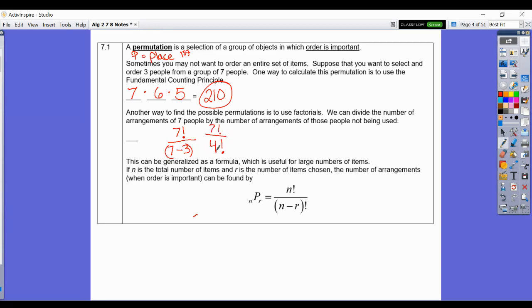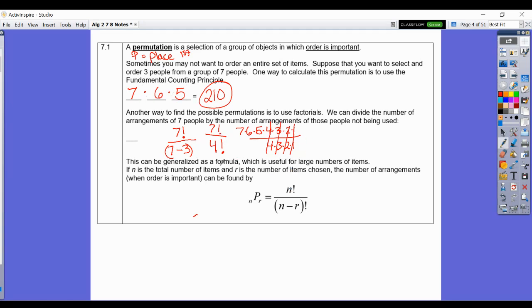So if we do 7 factorial divided by 4 factorial, just mathematically what that would look like: 7 times 6 times 5 times 4 times 3 times 2 times 1 over 4 times 3 times 2 times 1. This is multiplication, so I can cancel like terms. And so what I have left up here on the top is 7 times 6 times 5, which is exactly what I had in the first problem there.